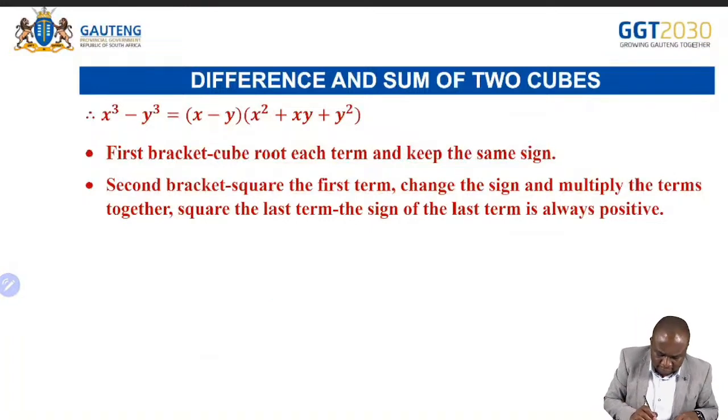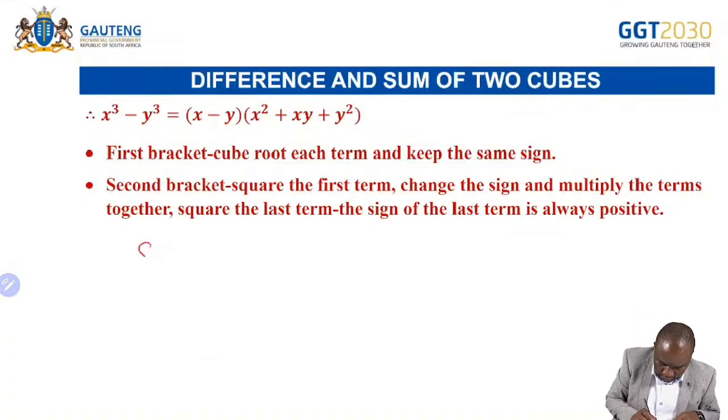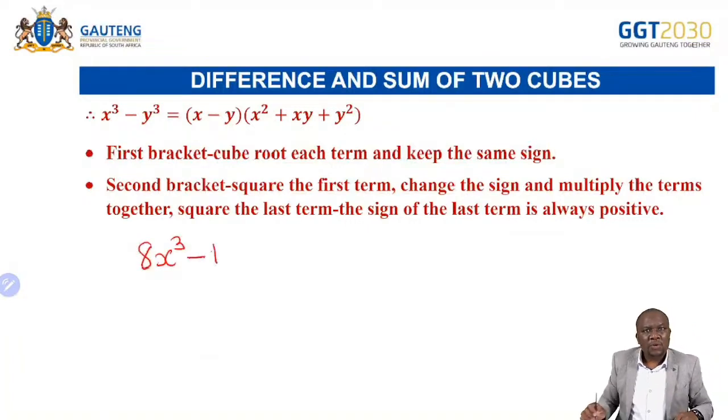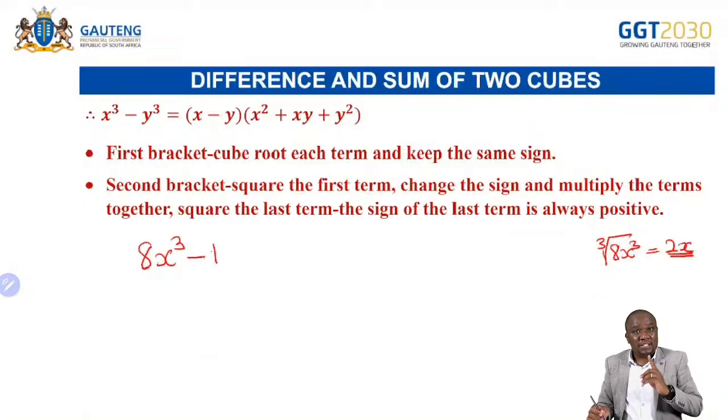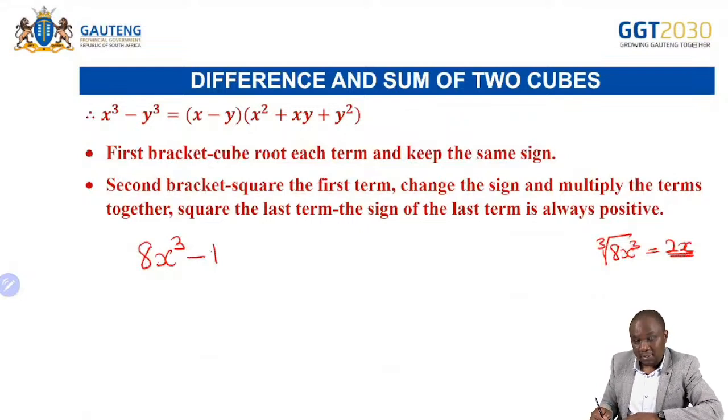Let's say we have 8x cubed minus 1. We want to factorize this. So we have to find the cube root of 8x cubed. What is it? This is 2x. Remember, 8 is 2 cubed, isn't it? So the cube root of 8x cubed is 2x.